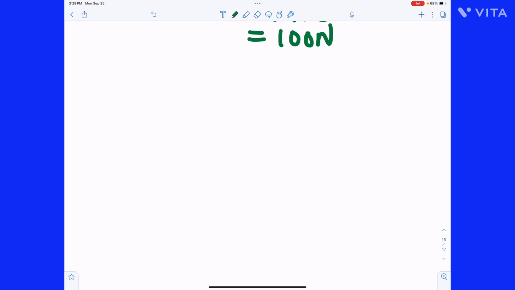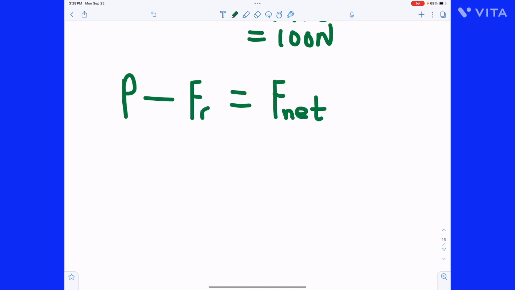Whenever that happens, the equation we always use is that the excess between P and friction is what will be the net force, which will give acceleration to the mass. That's the technicality in this question. The difference between the applied force and the frictional force is what gives acceleration to the object.